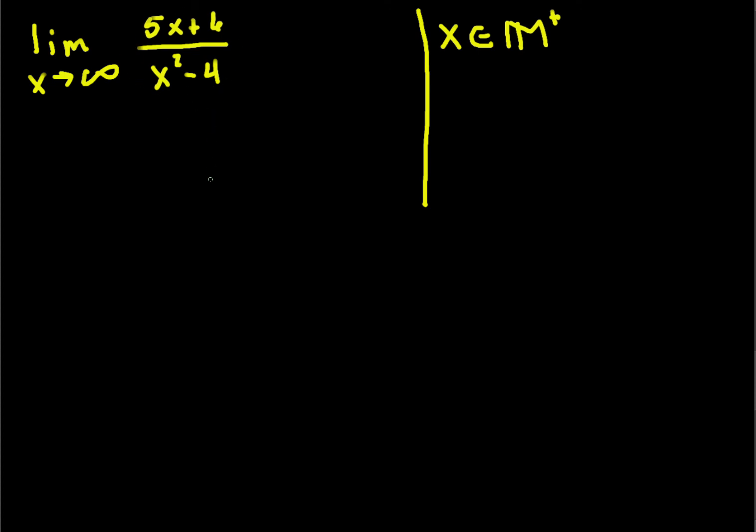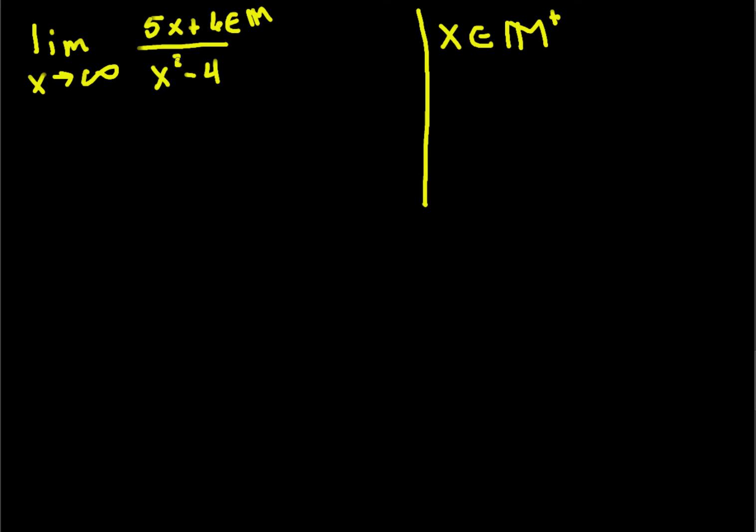And this should be very familiar to you from chapter 1.4 or 5, when we were determining what kind of number this was. Because notice, if x is infinite, then the top is infinite, because finite times infinite is infinite, and infinite plus finite is infinite.